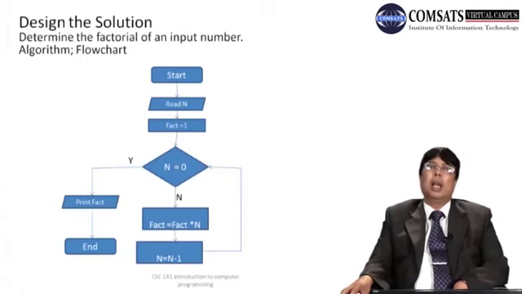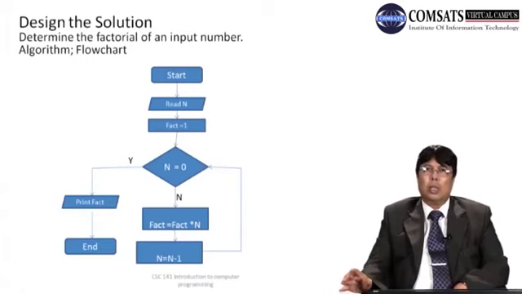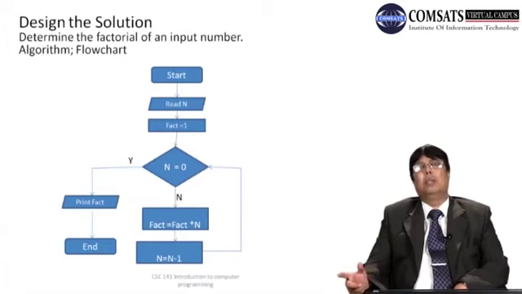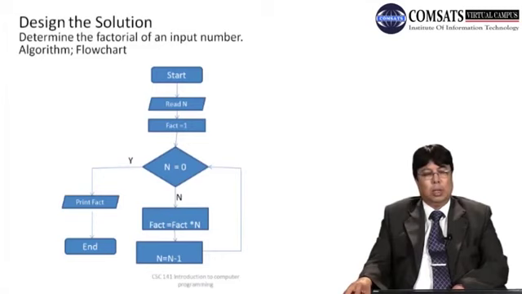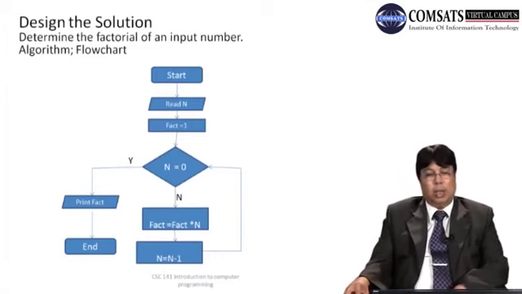So you can use any number of variables you like, or you can assign any name to any variable. तो यहाँ पर हमने factorial को fact का नाम दे दिया, short कर दिया. If n is equal to 0, no, then we say fact is equal to fact multiplied by n.